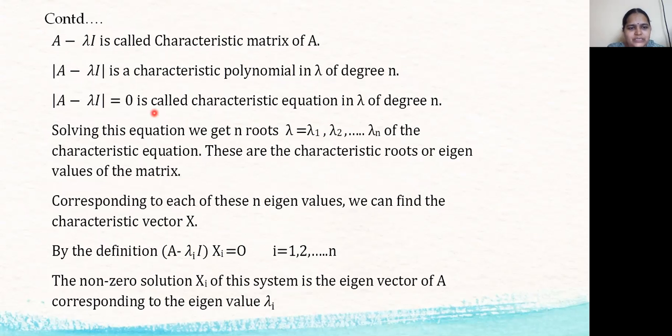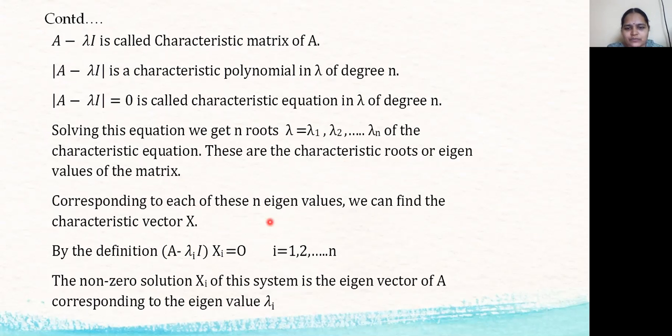Because this equation is of degree n, solving it we get n roots. Let us suppose them as lambda 1, lambda 2, up to lambda n, the roots of the characteristic equation. These are the characteristic roots or eigenvalues of the matrix. Also, these are called latent roots.